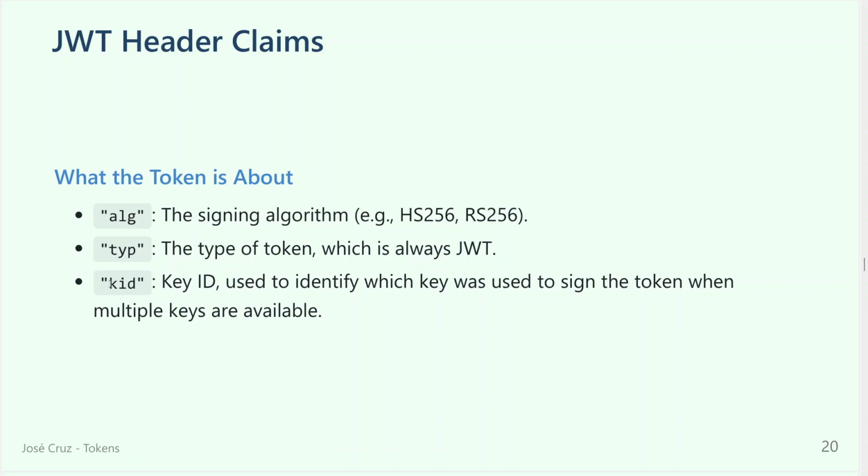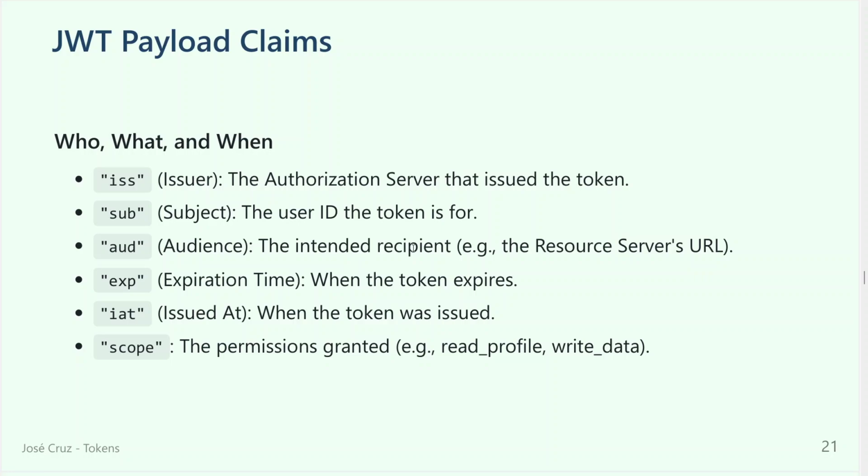The type of token, which is always JWT, of course, and you can also pass the key ID, used to identify which key was used to sign the token when multiple keys are available, because when you sign, you need a key. Okay, if you are using a private and public key, or if you are using a secret, like a symmetric key, of course, you will not see any secret there.